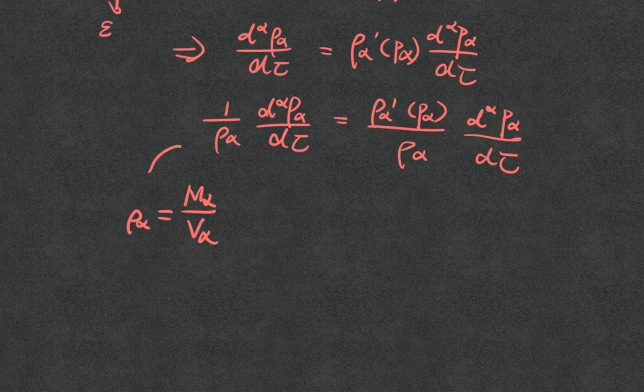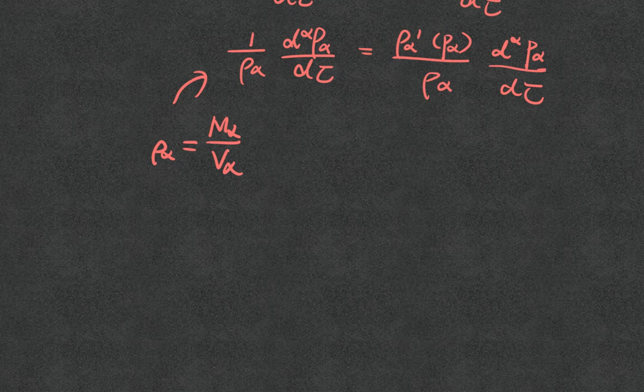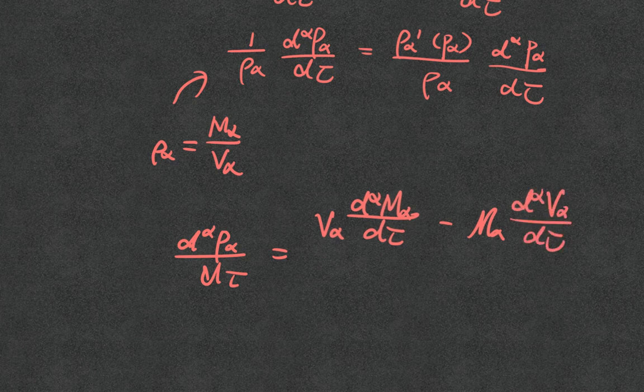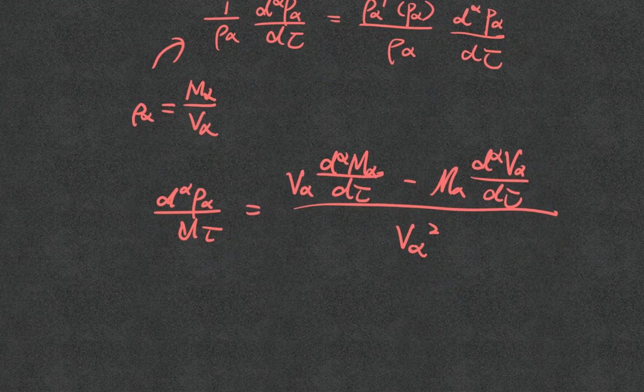If I substitute it here, the change of the intrinsic density over time would equal the volume times the change of the mass over time, minus m alpha times the time derivative of the volume, divided by the volume squared. I won't go into the details, just substitutions, and then applying the chain rule.